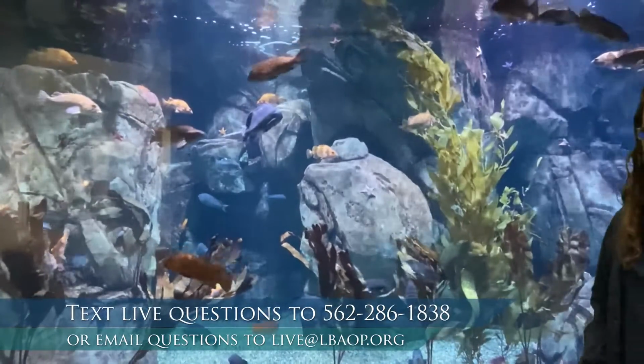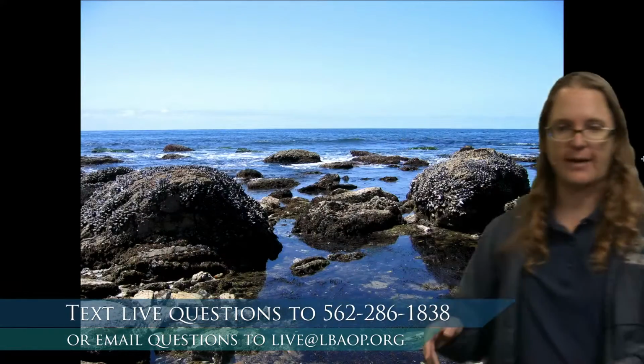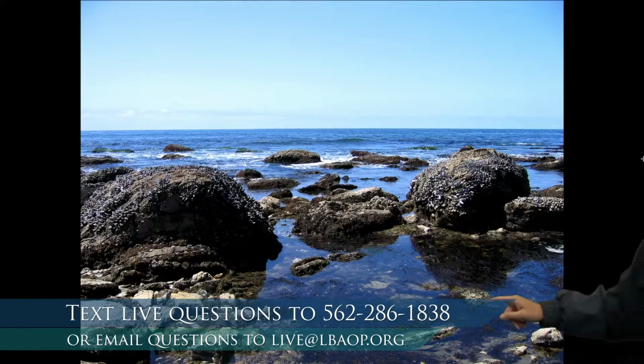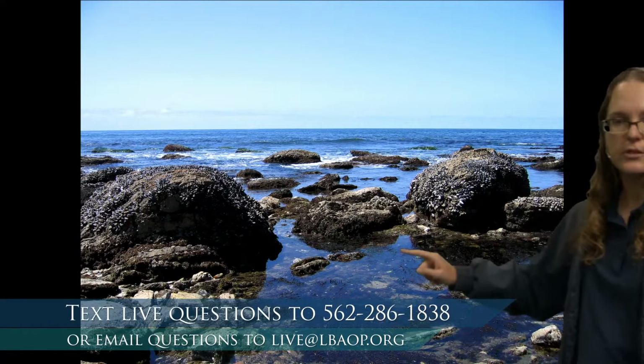All right, my friends. Before we start drawing a tide pool, I think it might be a good idea to think about what a tide pool is, because we should probably know that before we start drawing it. We'll figure it out as we go too. A tide pool is a really cool habitat. It's where the ocean and the land meet together. As the water goes in and out, it leaves behind little pools of water.